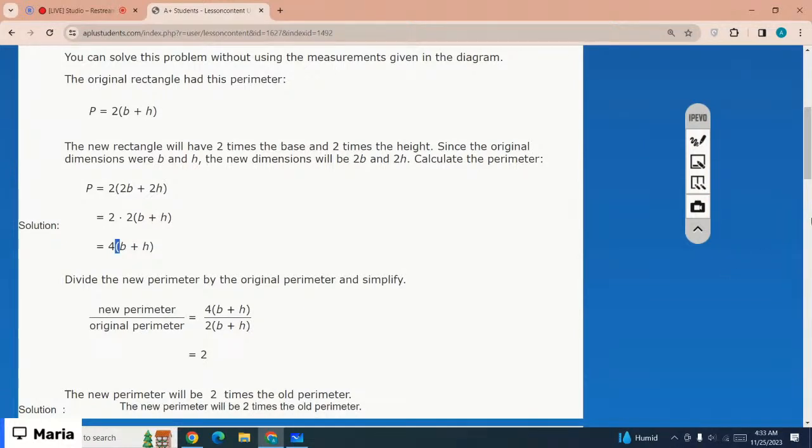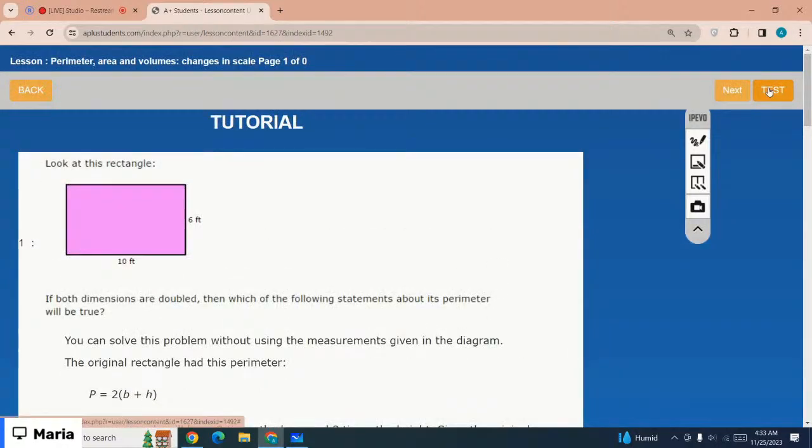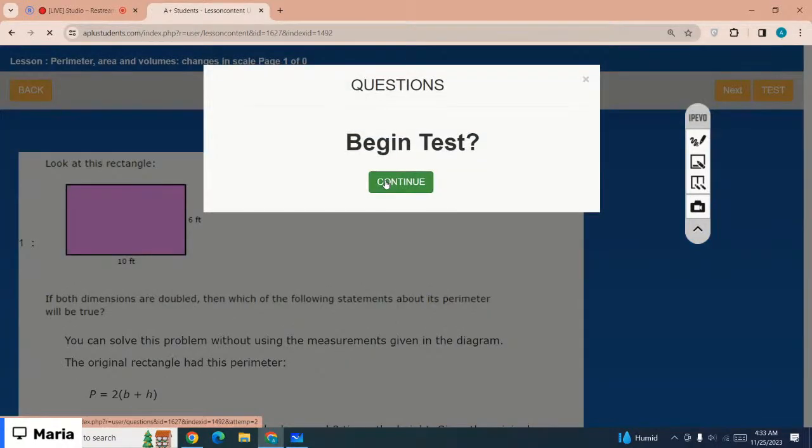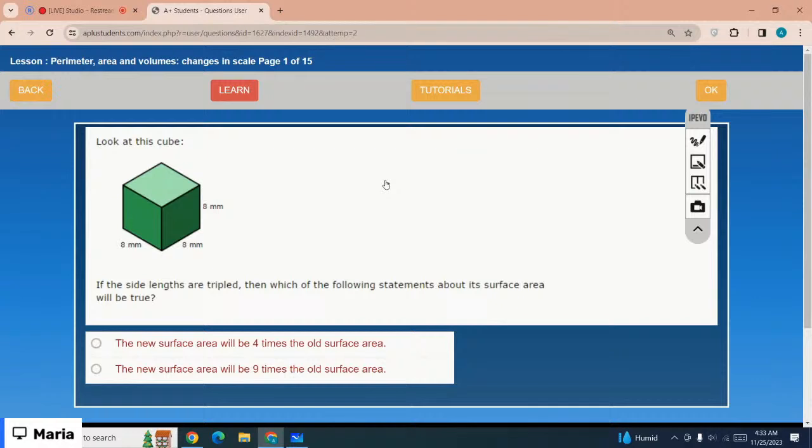Let's start with the test questions. Look at the cube. If the side lengths are tripled, which of the following statements about its surface area will be true? You have to look at the surface area.